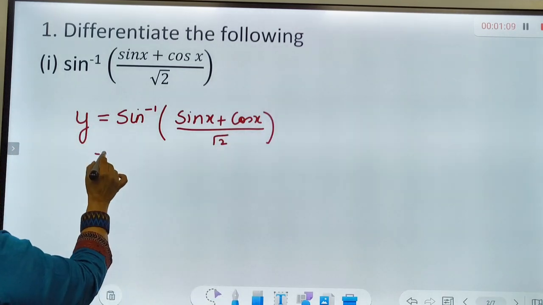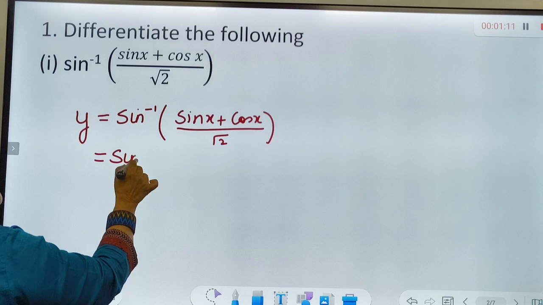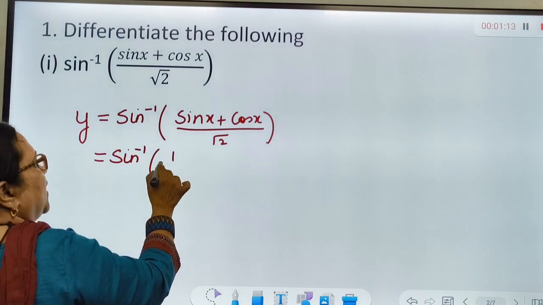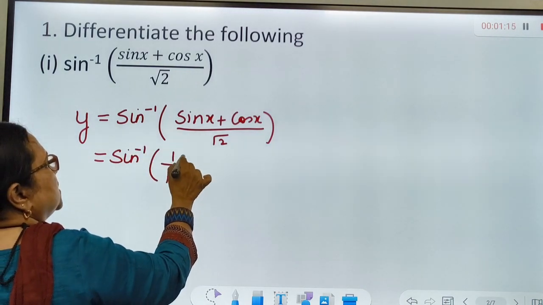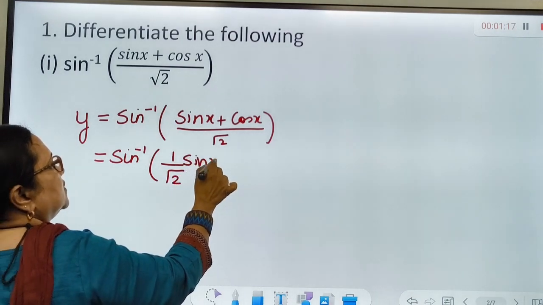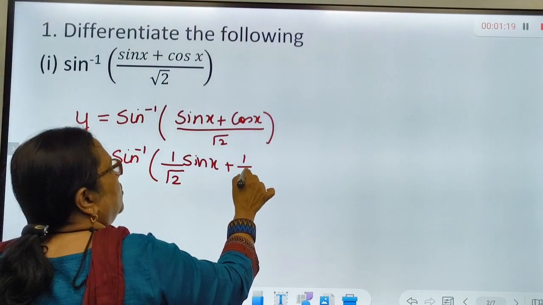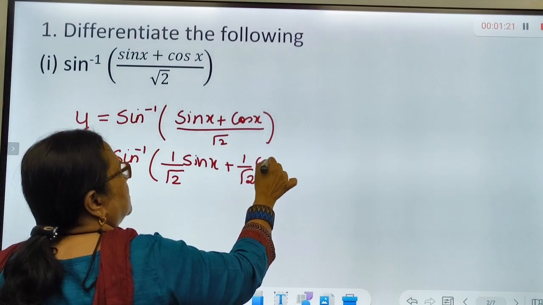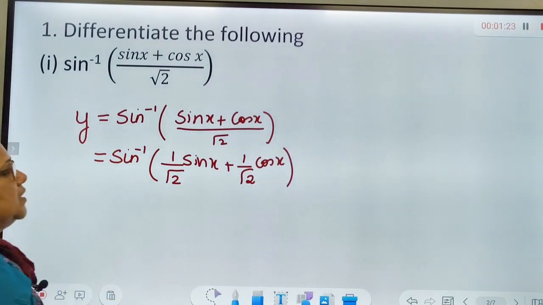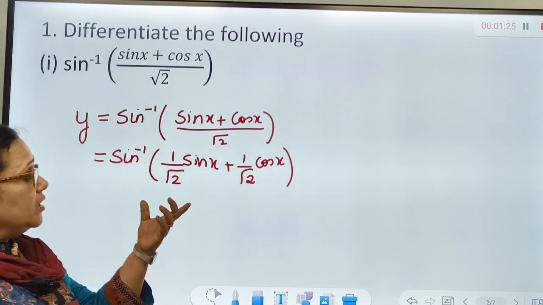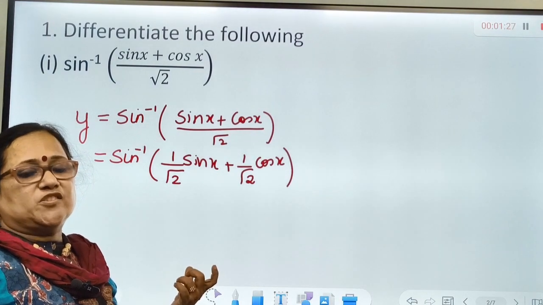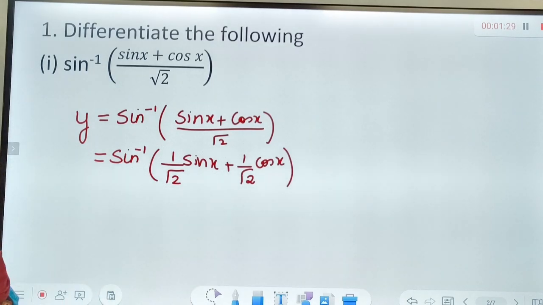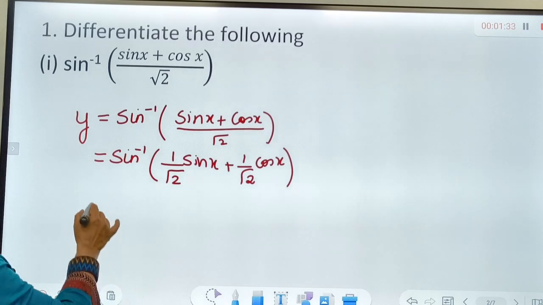I am going to write this as sin inverse of (1 by root 2 sin x plus 1 by root 2 cos x). So this type of writing or manipulation, as we call, will help you to simplify the function in a form which is much easier to differentiate.